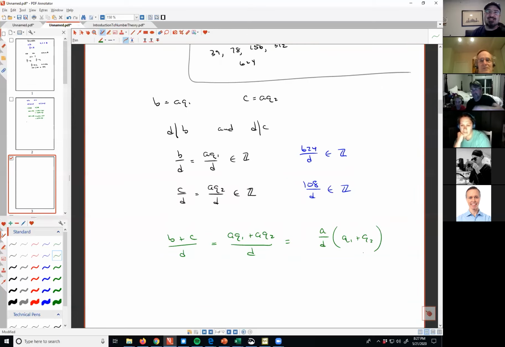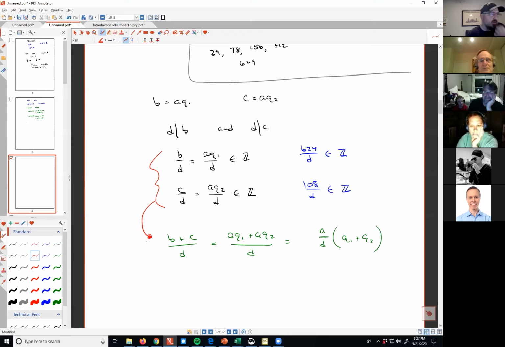Anybody want to take a shot? Well, in this expression, we know that this is an integer, right? We took these two integer expressions and we added them together, and we know that integers are closed under addition. If we add two integers, we always get an integer.